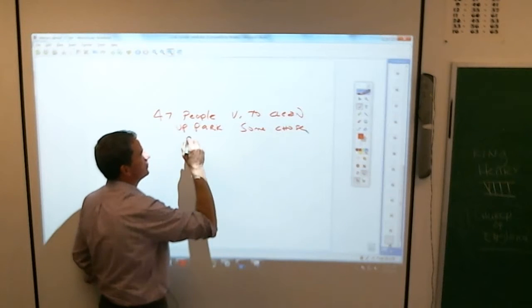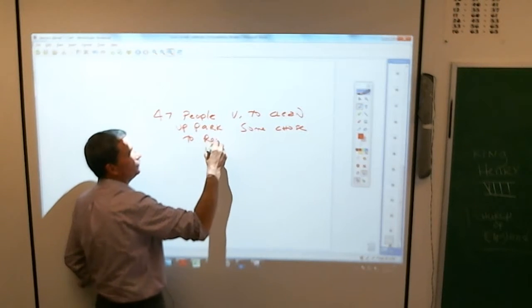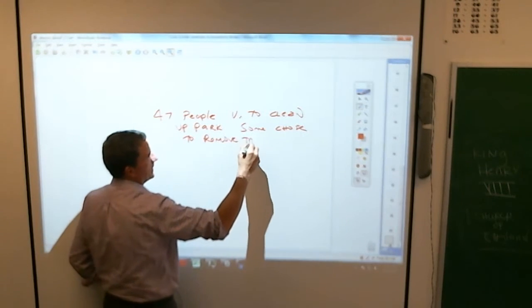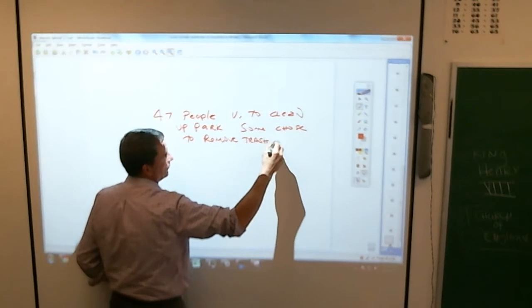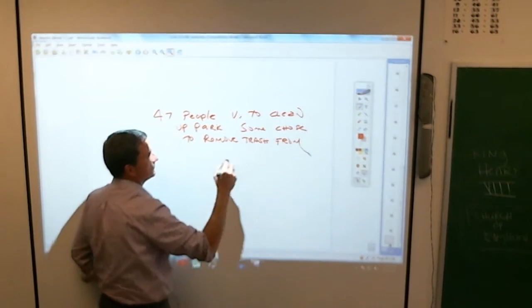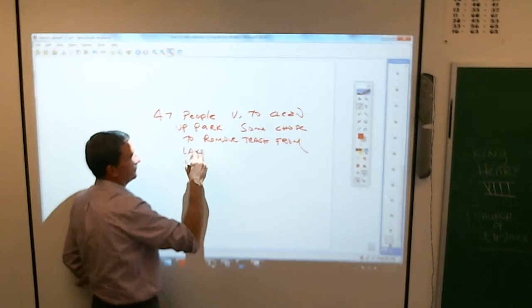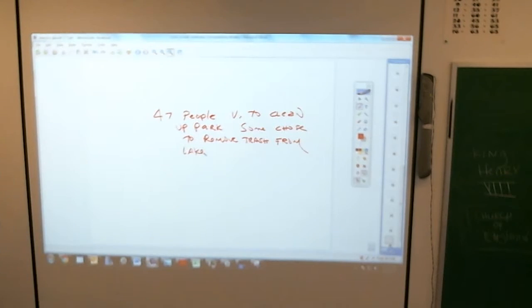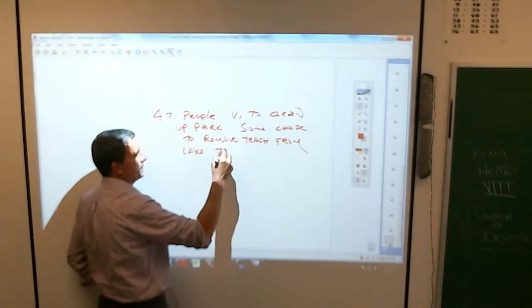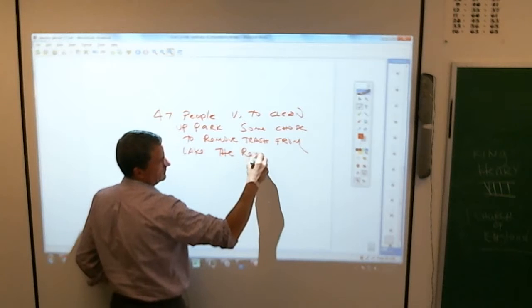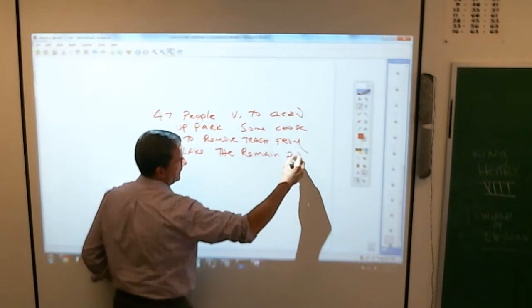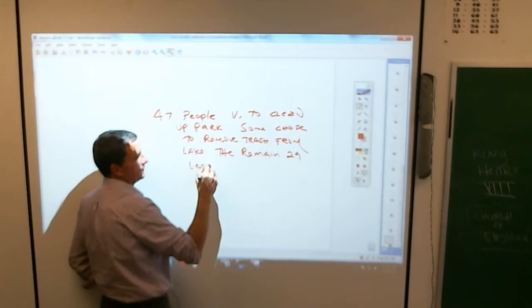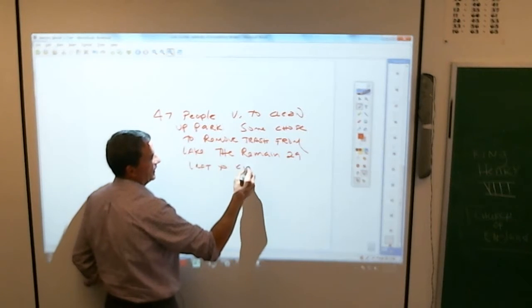The remaining 29 left to clean up the hiking trails.